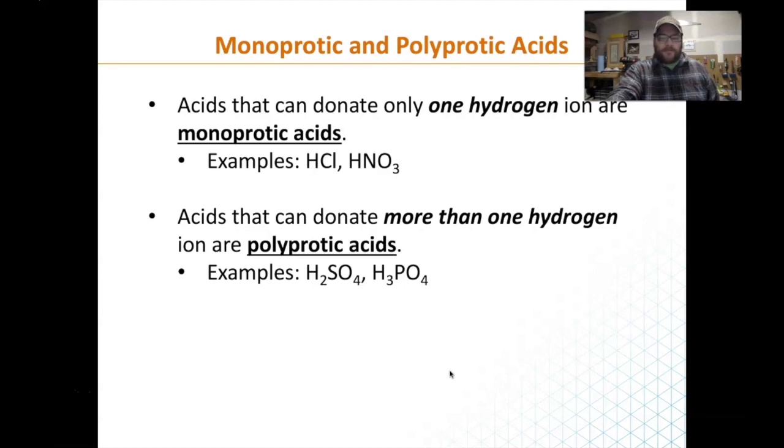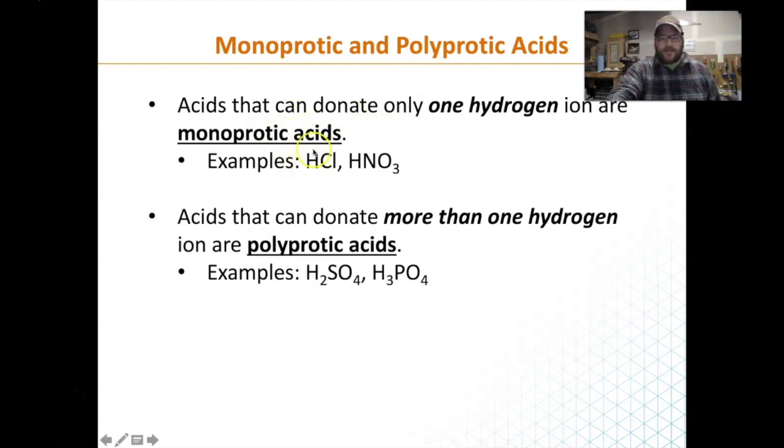Okay, and then monoprotic and polyprotic acids. I didn't show this over on the Explore and Explain, but let's talk about it real quick. It's pretty easy. If you have one hydrogen to give up, you're called monoprotic because mono means one, and this hydrogen ion is actually just a proton because a hydrogen atom has one proton and one electron, and an ion is missing its electron, so you're just left with its proton.